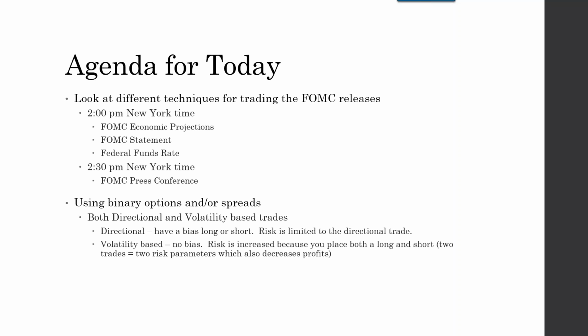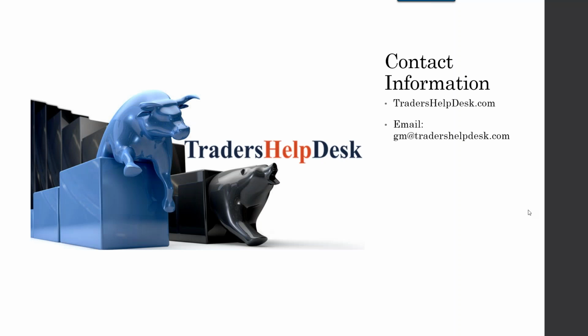You also run the risk of losing on both sides of the market. Let's say we're expecting a 100 pip move today and it only moves 10 pips. If you're using out of the money on these volatility-based trades, then one or both would potentially lose.